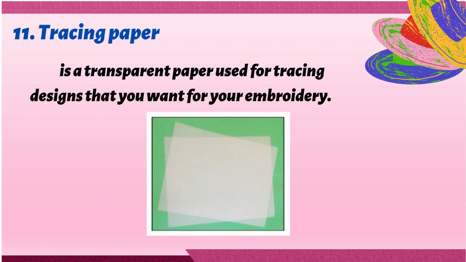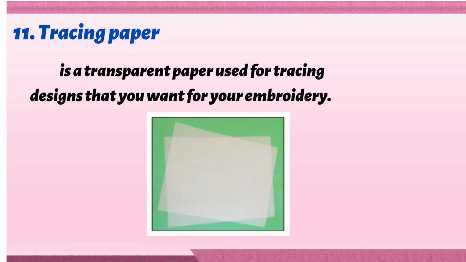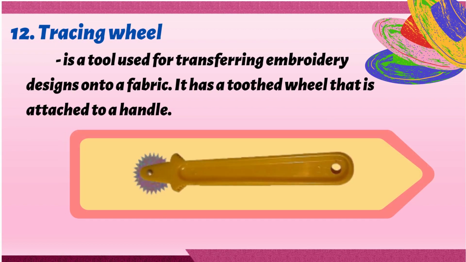Tracing paper. Tracing paper is a transparent paper used for tracing designs that you want for your embroidery. The tracing wheel. Tracing wheel is a tool used for transferring embroidery designs onto a fabric.